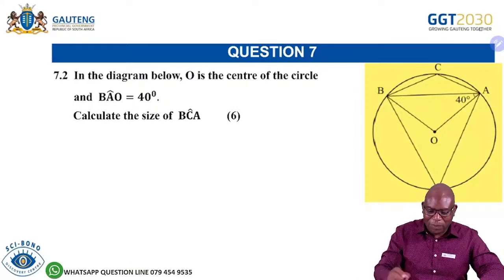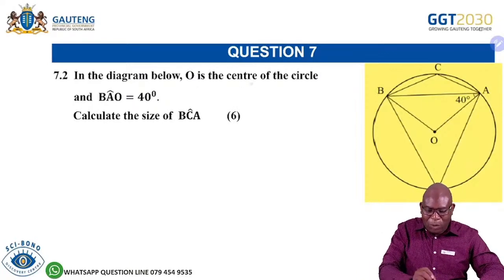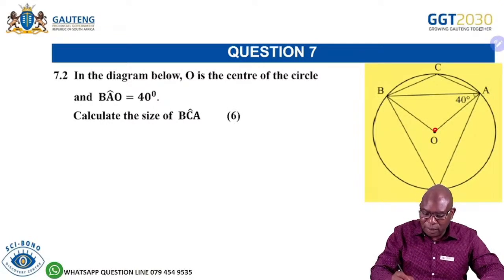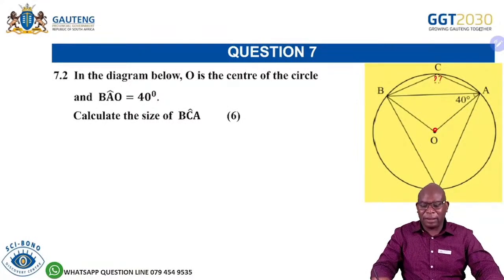Right, let's see. In the diagram, O is the center of the circle. BAO is 40. And then calculate the size of BCA. We need this angle here. We need that angle there.